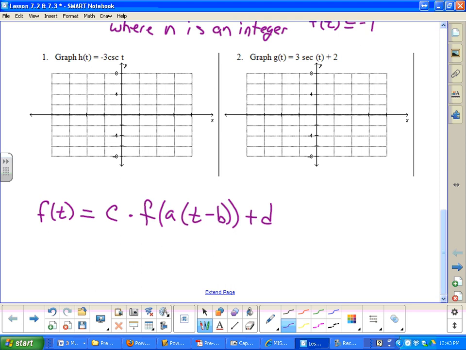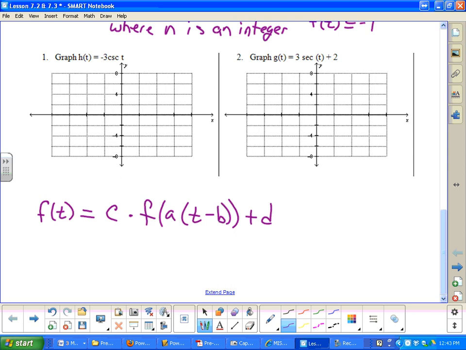C, if it's negative, is a vertical reflection. If it's greater than 1, it's a stretch. Between 0 and 1, it's a compression. A is a horizontal stretch or compression, so it is the reciprocal. If it's negative, it's a horizontal reflection across the y-axis. If A is greater than 1, it's a compression by the reciprocal, by 1 over A. If it's between 0 and 1, then it's a stretch by the reciprocal, 1 over A.